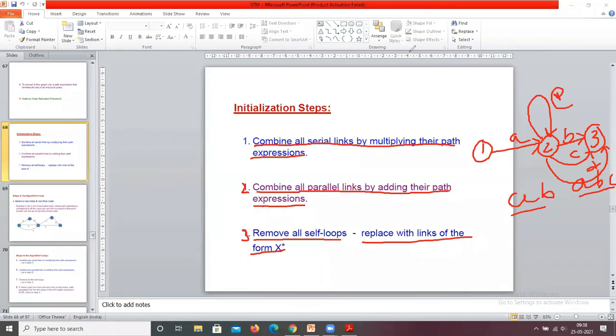The remaining steps are in the algorithm loop: the 4th to 8th steps are in the loop.